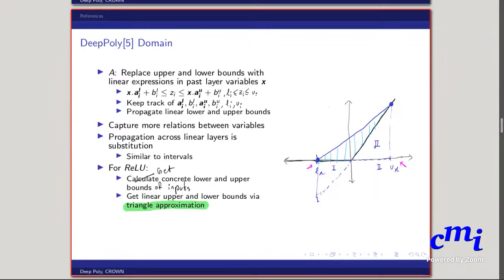So what both DeepPoly and CROWN suggest as a heuristic for doing this is to look at the areas of these two triangles, right? So let's consider the two cases. So we have this case, right? Here, the actual values are all on this line. Everything that I've shaded here is actually an over approximate value. And if you're taking these two things, then everything within this triangle is also an over approximate value, right?